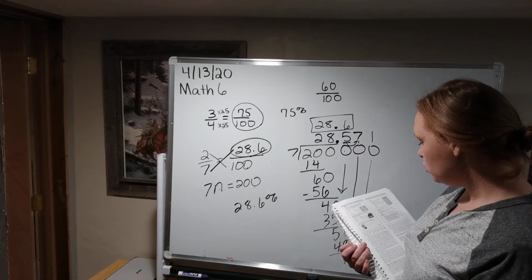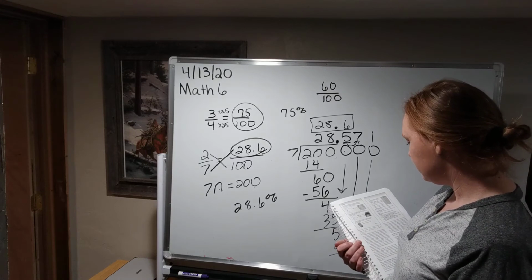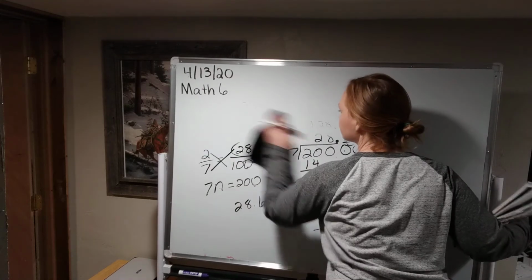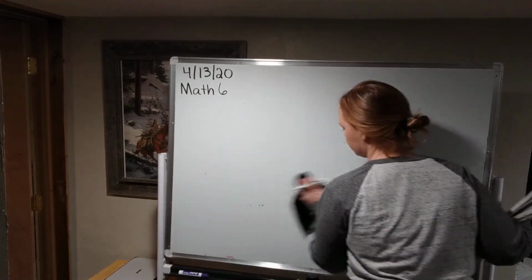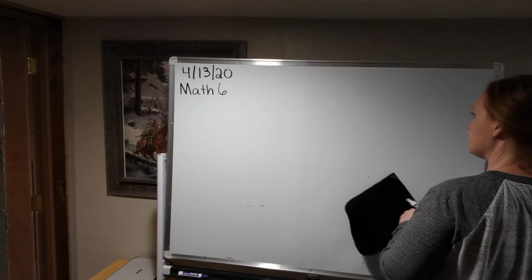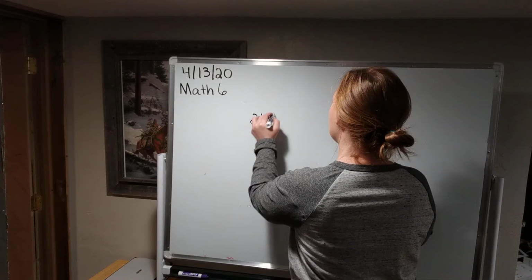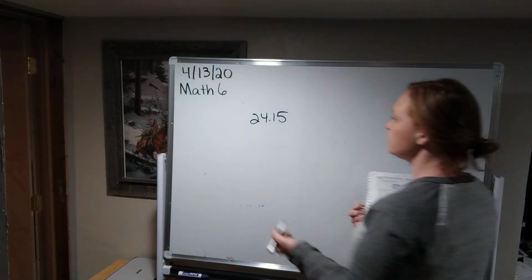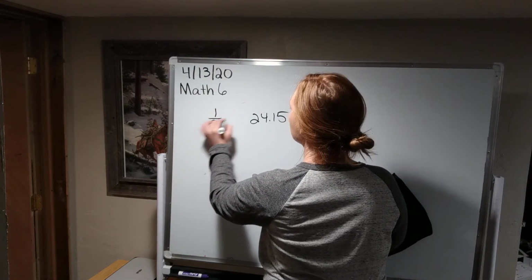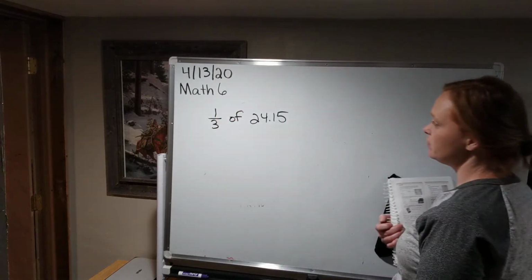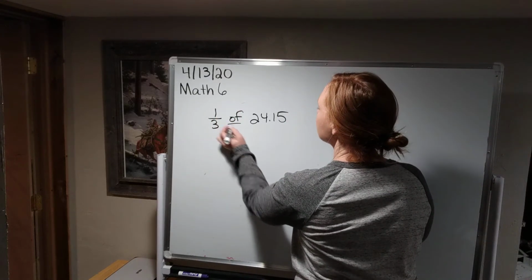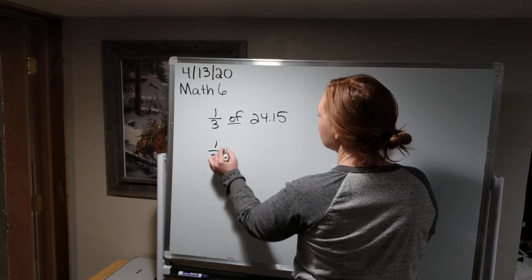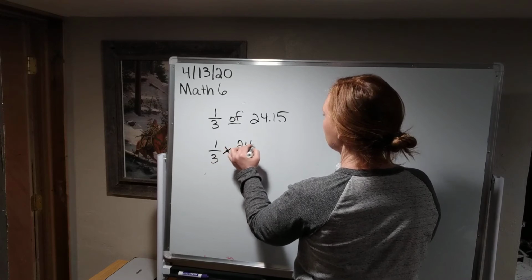Okay, so each book is $24.15, and the discount was for 1/3 off the price. So what we're going to say is we're going to pay 1/3 of $24.15. And I know in math most times "of" equals multiplication. So I'm going to do 1/3 times $24.15.